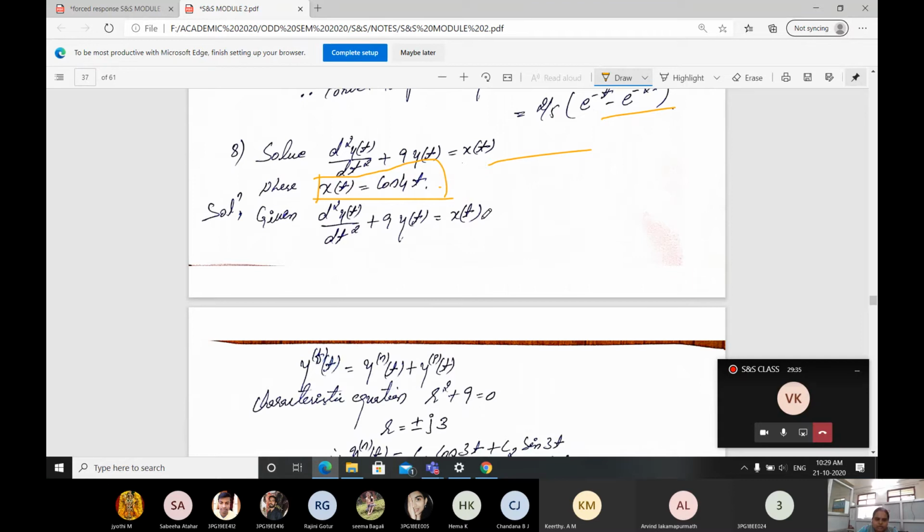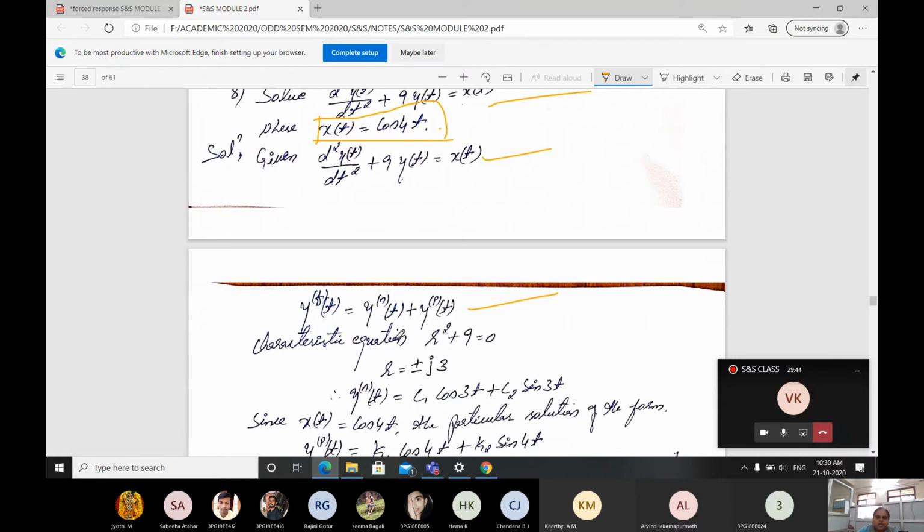We have to write the given equation. Then what do we have to find? We have to find the forced response, which is the natural response plus the particular solution. What is the characteristic equation for the natural response? Here it is D², so r² plus 9 equals 0, since x(t) is taken as 0 when finding the natural response.